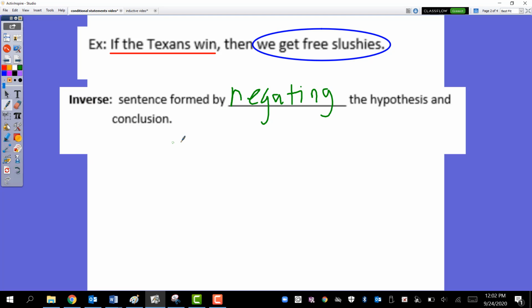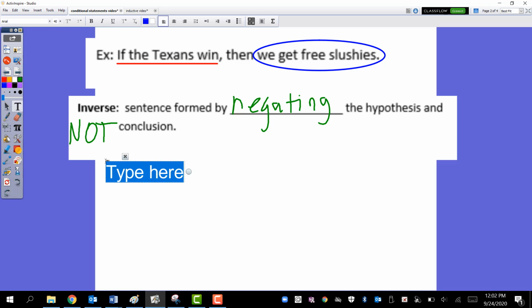Okay, so what that means is basically you're putting the word not in the hypothesis and you're putting the word not in the conclusion. So I still have the word if first, and then is going to be over here somewhere. Okay, and in these blanks, so instead of saying if the Texans win, I have to put the word not in there somehow. So I'm saying the opposite of the Texans win, which would be the Texans do not win or don't win. So that's what I'm going to type.